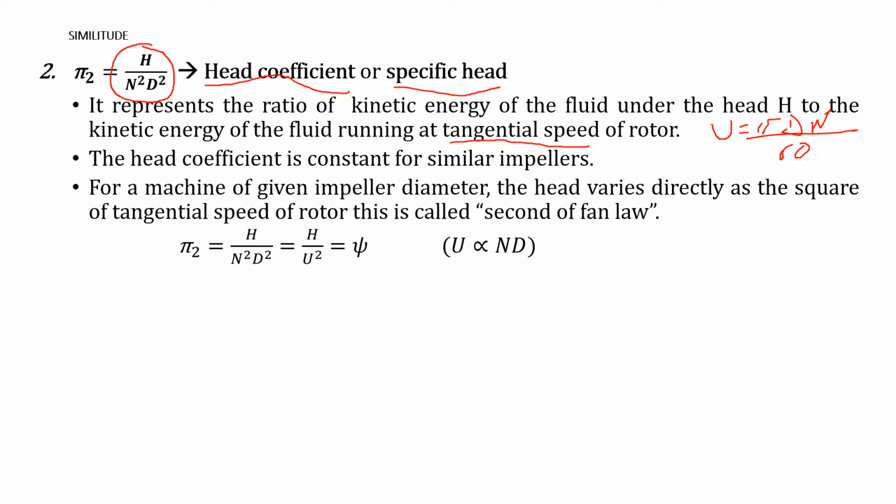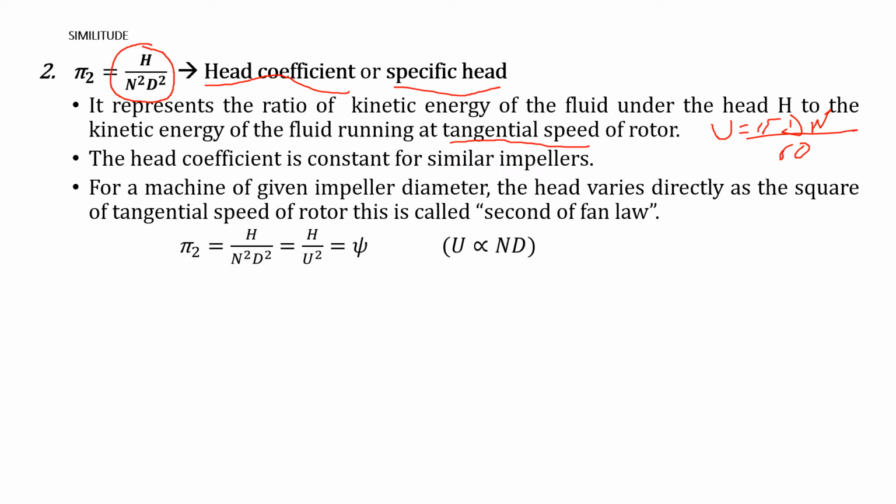The head coefficient is constant for similar impellers. If there are impellers of the similar type, meaning same dimension, D will be constant, then the head coefficient is constant for all those impellers.